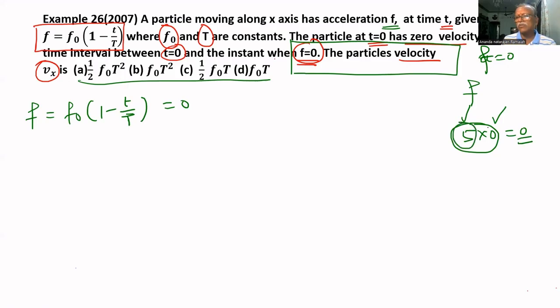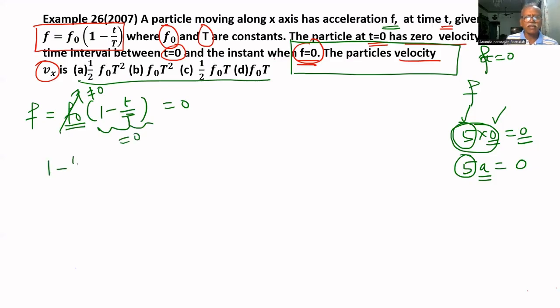But this is not equal to 0, so this must be equal to 0. Suppose I am writing 5a equal to 0, then definitely a is 0 because 5 is not equal to 0. Like that, f naught is constant. That's why that is not equal to 0. Therefore, this part must be equal to 0.